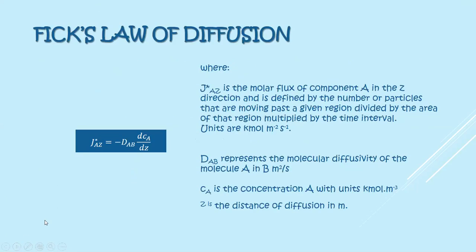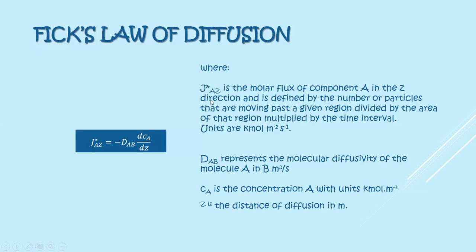Now, what is this Fick's law of diffusion? This is the one that I have mentioned a while ago, that our J asterisk now will have a subscript of two letters. That's A, Z. This time we have already included Z. So how do we interpret or understand this particular formula of Fick's law?